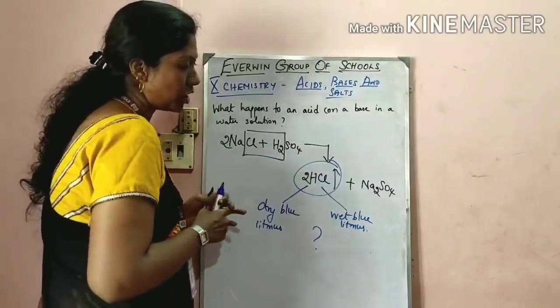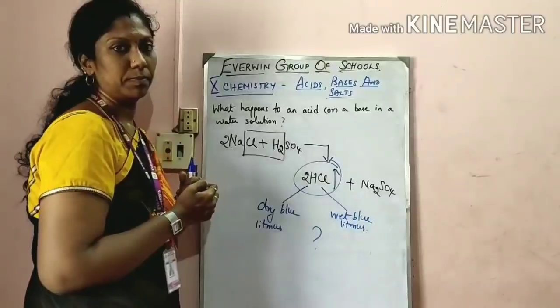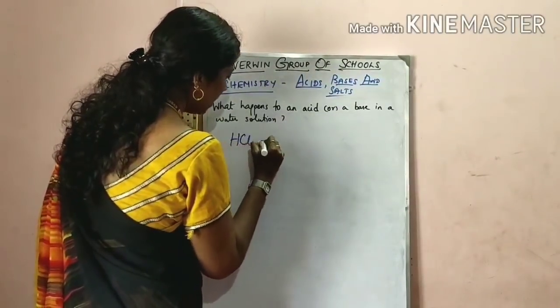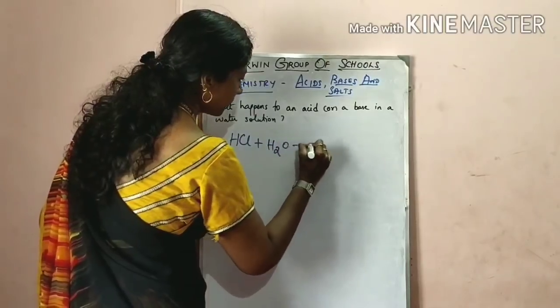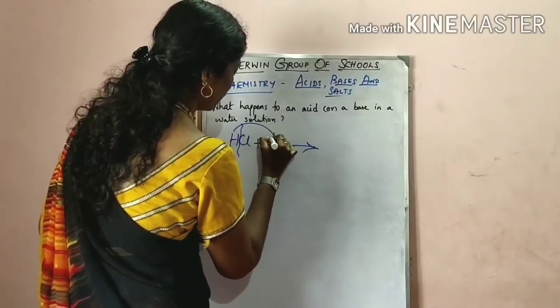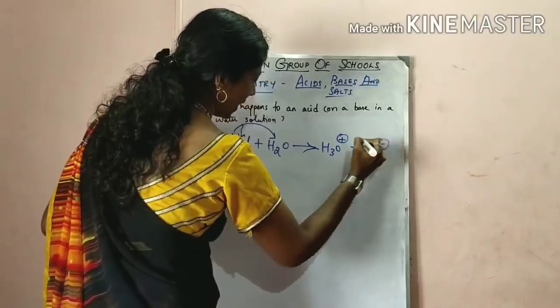Let us see the equation of HCl dissociation in aqueous medium now. So HCl with water will form hydronium ion and chloride anion.